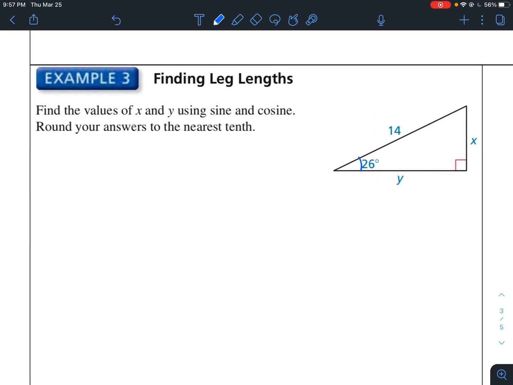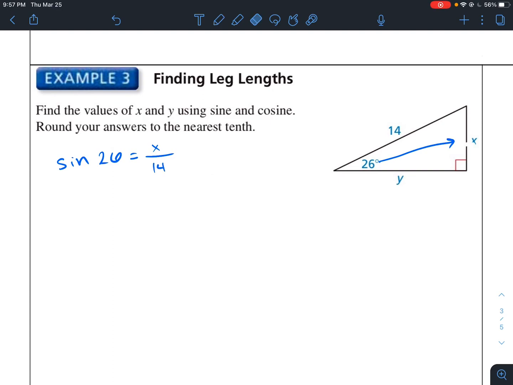We're given this angle right here, so we're going to use that angle for our trigonometric functions. So let's do sine of 26. Now finding the ratio for sine of 26 means I'm finding the opposite side over the hypotenuse. So opposite to this angle is x, and the hypotenuse is 14.